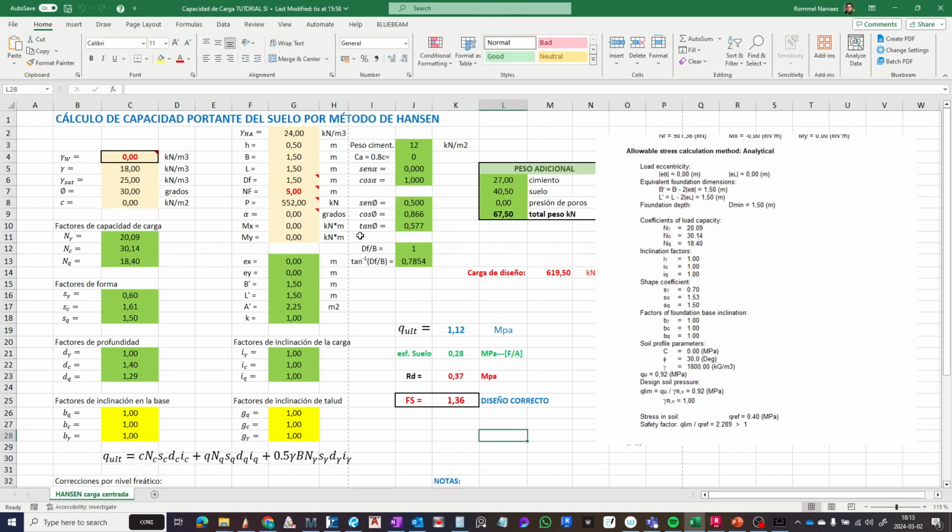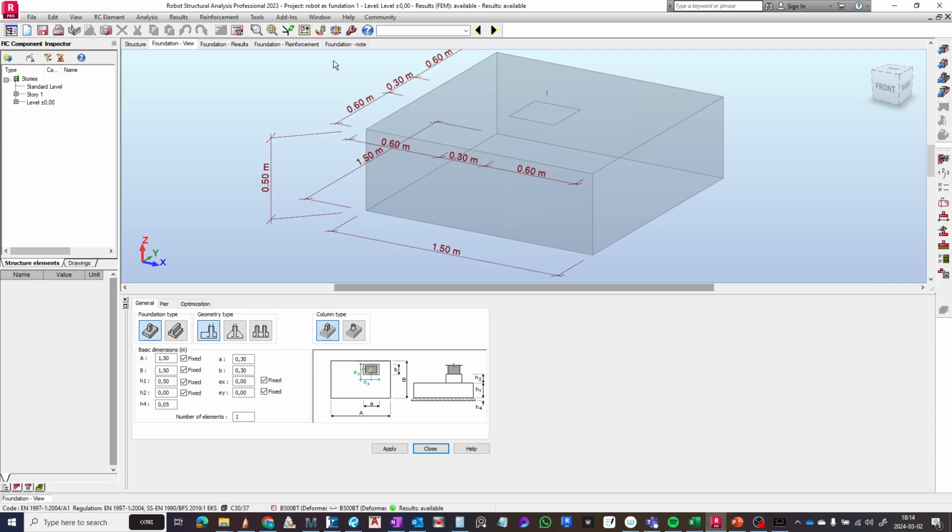With all this information, we calculate the bearing capacity of this soil as approximately 1.12 megapascals. Afterwards, we have a safety factor of 1.36. So when we get into Robot here, we can see the calculations.